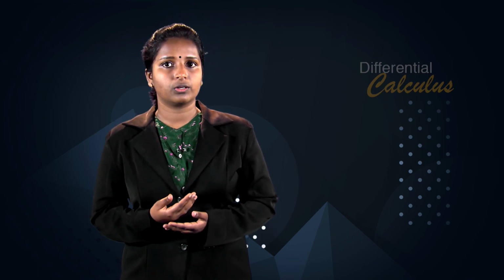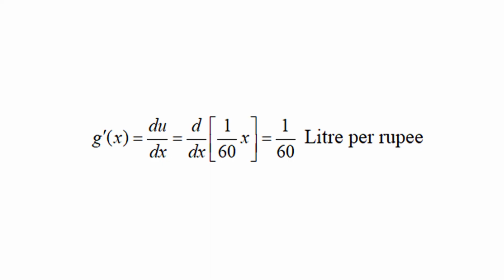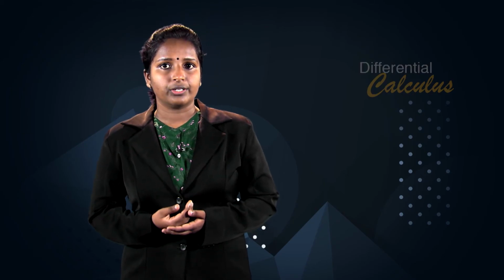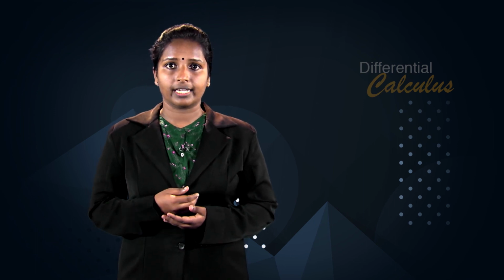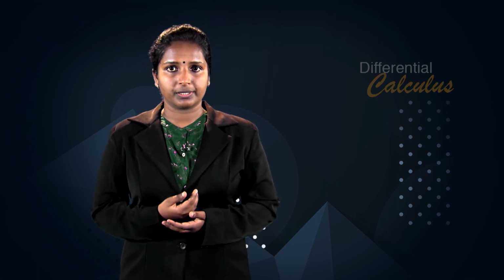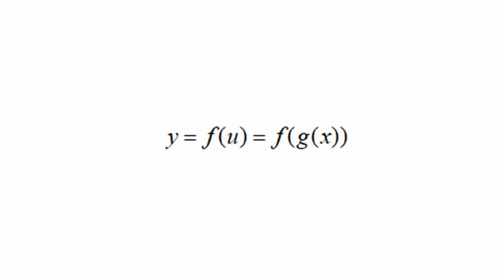Also, by applying the constant multiple rule, we obtain g'(x) = du/dx = d/dx of (1/60)x, which is equal to 1/60 liters per rupee. We note that the number y of kilometers you can travel is also a function of the number x of rupees you spend for petrol. The fact is expressible as the composition of functions y = f(u) = f(g(x)).